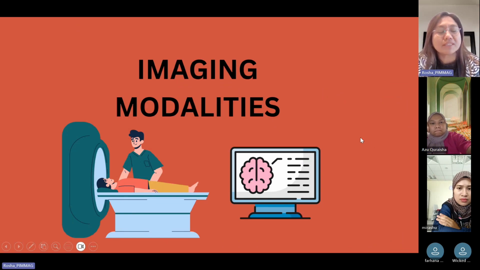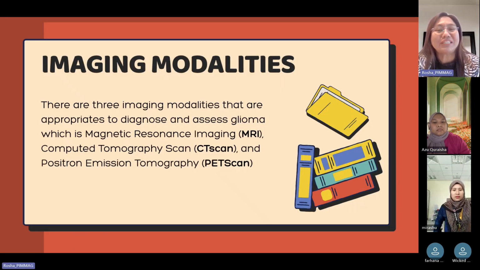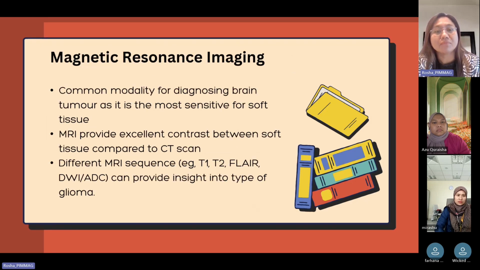So moving forward, these are the imaging modalities that can be used to differentiate between the gliomas, the type, and also the grade, and so on. The imaging modalities appropriate to diagnose and assess the glioma are MRI, CT scan, and also the PET scan, positron emission tomography.